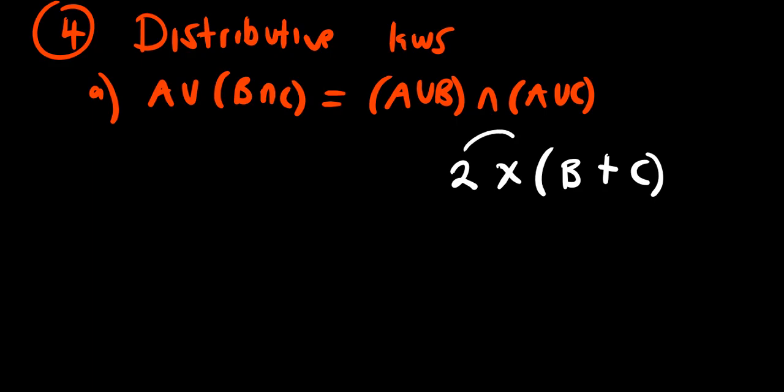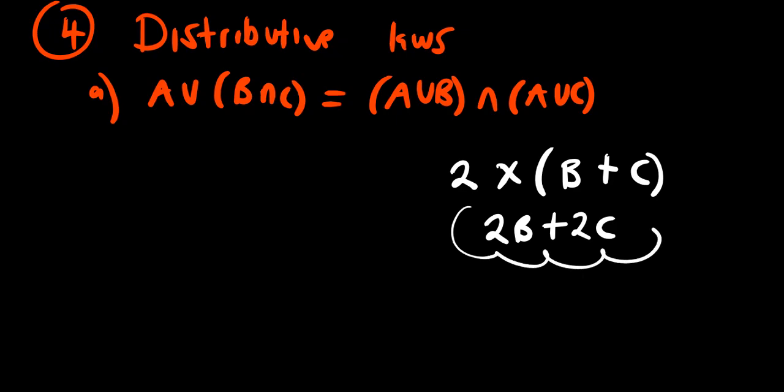I'm going to multiply 2 by B, and I'll write that. So 2 multiplied by B, that is just 2B. Then again, I'm going to multiply the 2 by the C, so I'm going to get plus 2C. What I've just done, I've distributed the 2. So that's about this law.